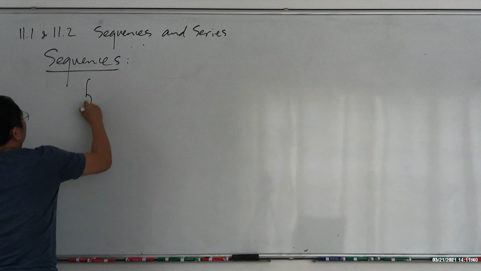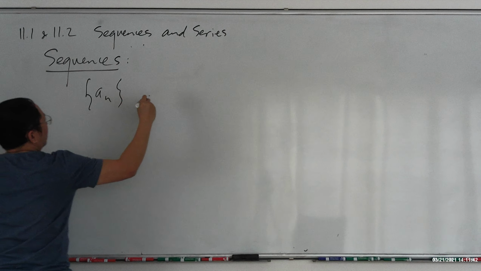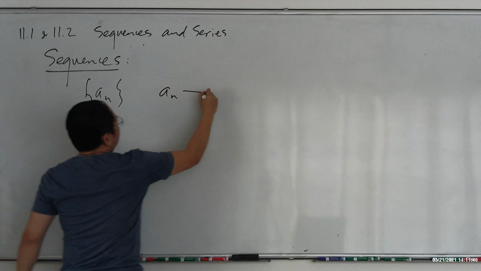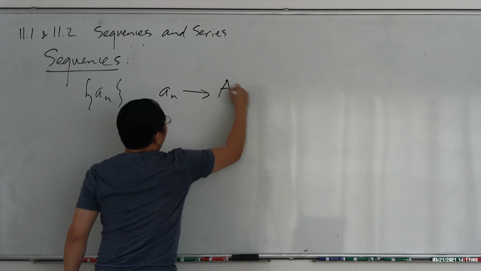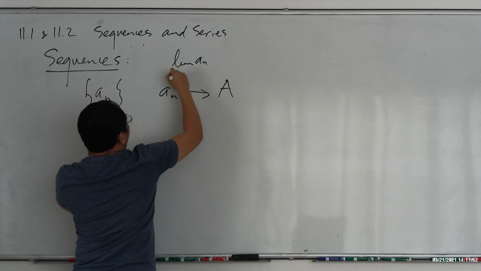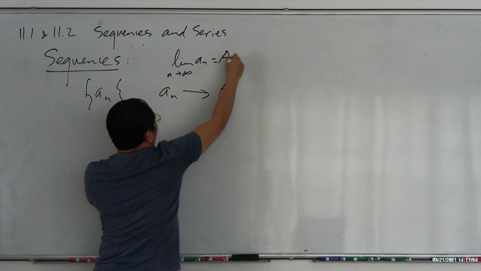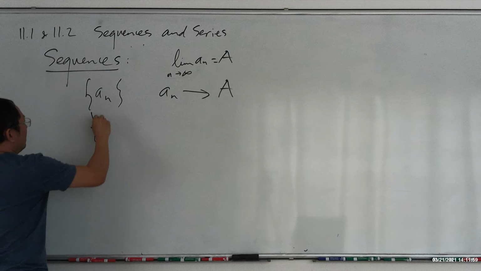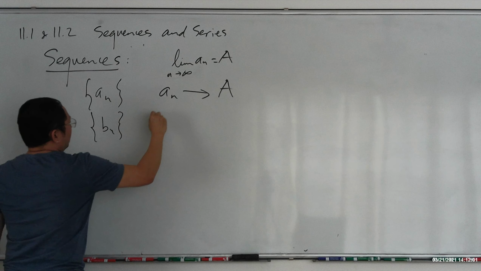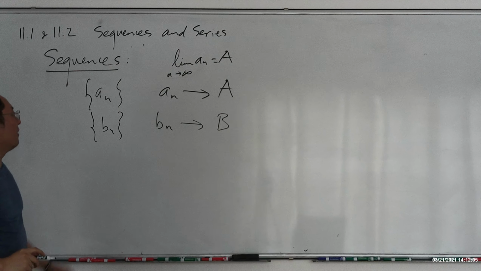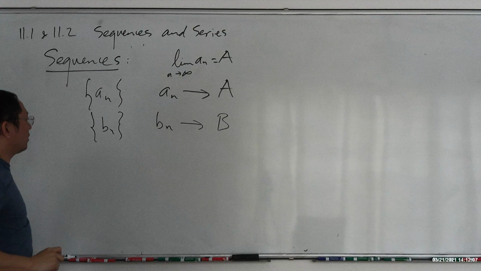Say you got the first sequence a_n, and by the way, let me write short, okay? a_n approaches, say, big A. That is a short way of writing that the limit of a_n as n goes to infinity is equal to A, okay? And people are getting lazy, so write this way. I got another sequence, b_n, okay? And b_n is approaching B. So we have two convergent sequences.